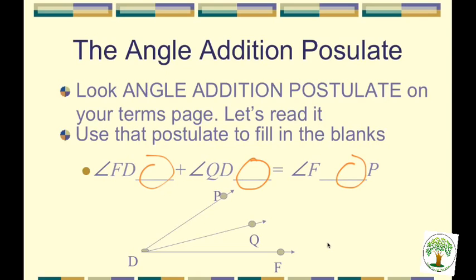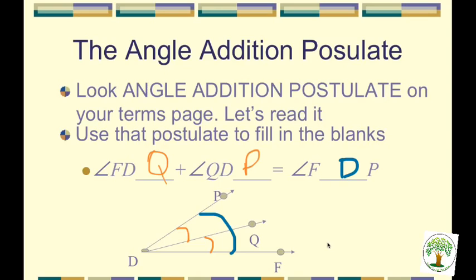I have F, D, Q. And Q, that's this little one right there, right? And then I have QDP, that's this one, which will equal the whole. I'll change colors here. The whole is FDP.